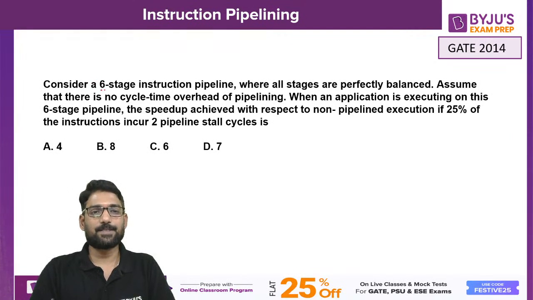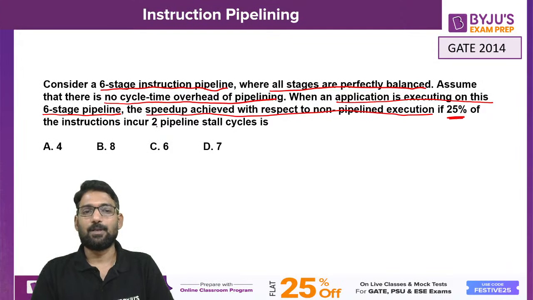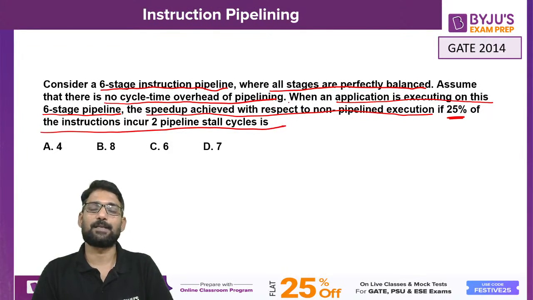So see this question. Consider a 6-stage instruction pipeline where all stages are perfectly balanced. Assume there is no cycle time overhead. When an application is executing on this 6-stage pipeline, what is the speed up achieved with respect to non-pipeline if 25% of the instructions incur 2 pipeline stall cycles?